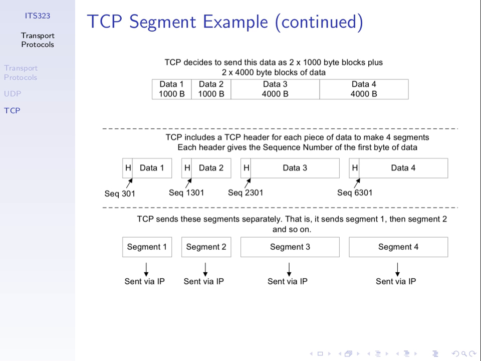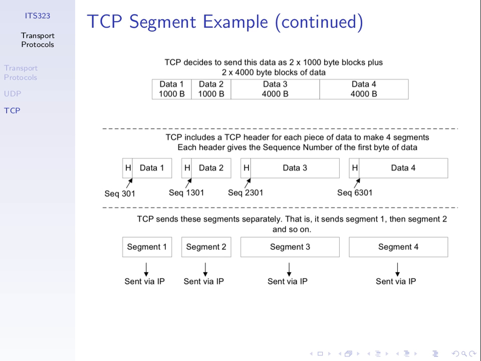Now when TCP creates its segments, it takes the data, attaches a header, this H in this slide, and then we'll transmit that segment across the internet using IP. So this segment of 1,000 bytes of data plus a TCP header will be sent to IP and then eventually sent across the internet to the destination as one IP datagram. The second 1,000 bytes of data will be put into another TCP segment.